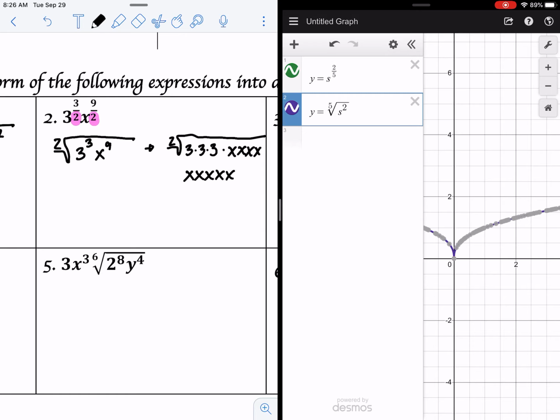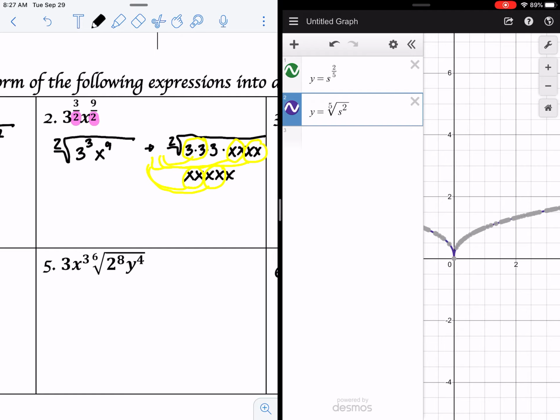Right? And then I just start making groups. I need 2 3s. I don't have another set of 3s. I have 1 group of x's, 2 groups of x's, 3 groups of x's, 4 groups of x's. From here, I don't have any extras.